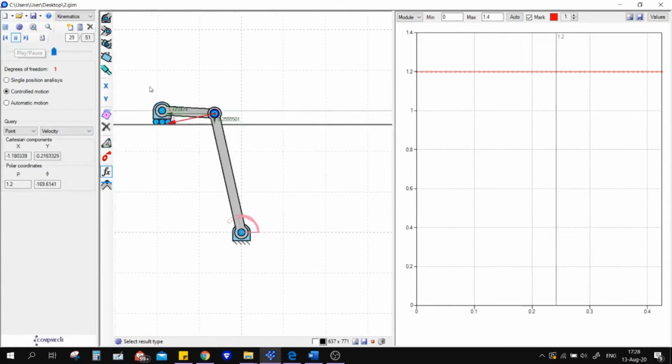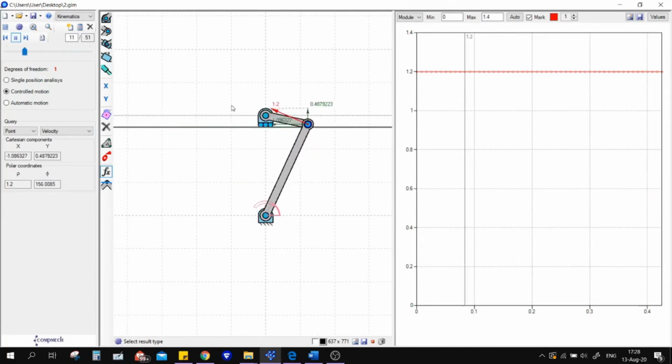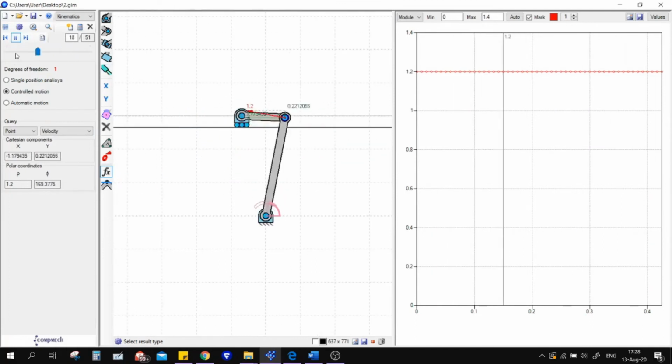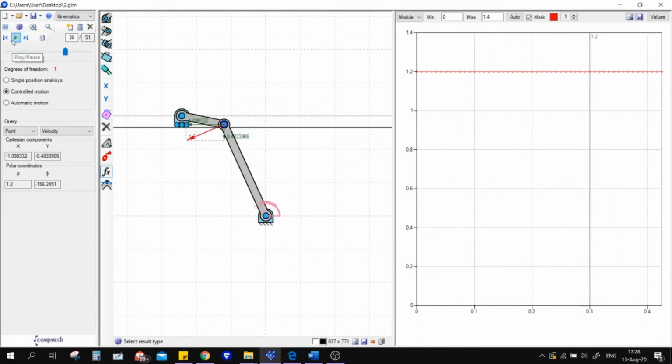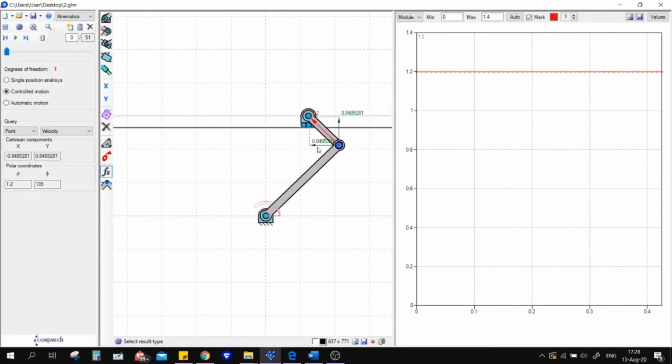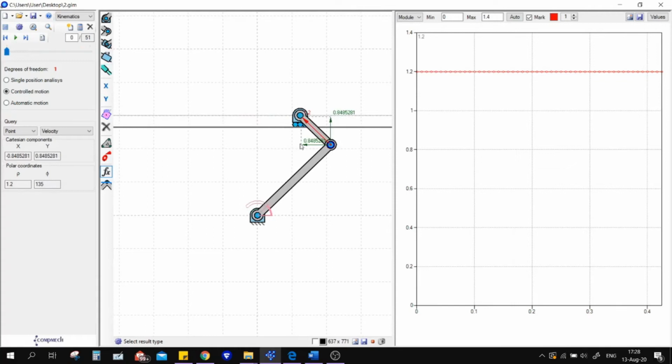Here is the motion of the simulation. We only focus on the first point because we purposely set it in the drawing as the first point at 45 degrees with the horizontal. Hence, we can directly get the result we want at the first point.